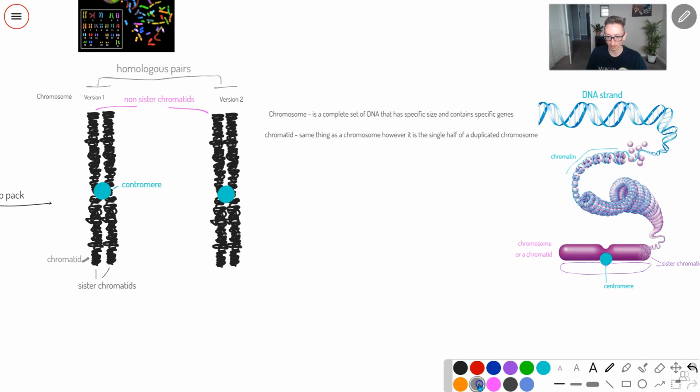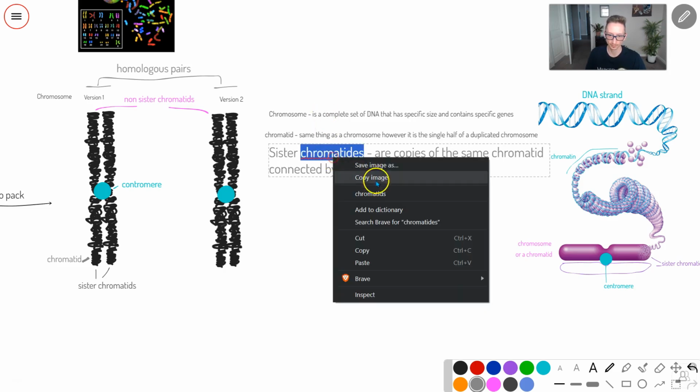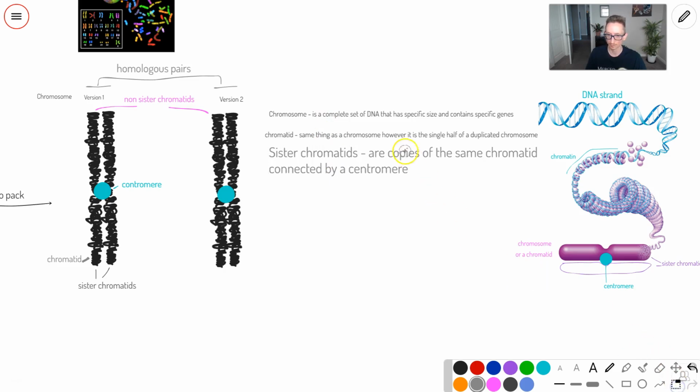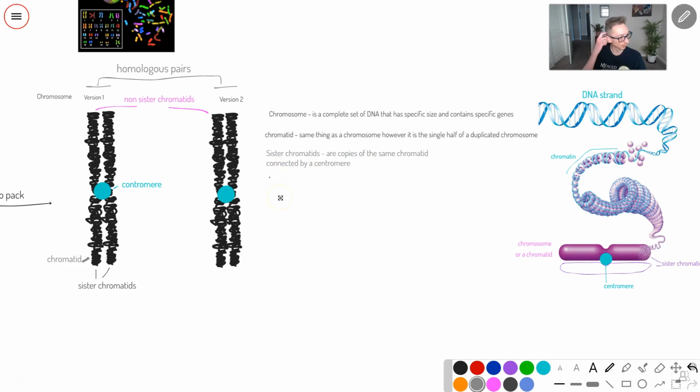Okay, so sister chromatids are copies of the same chromatid, and they are connected by a centromere. Mouthful, lots of terms.